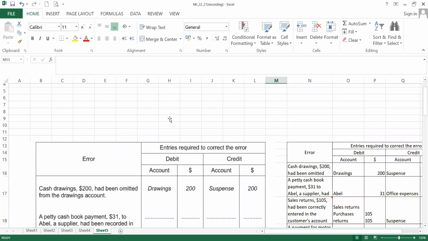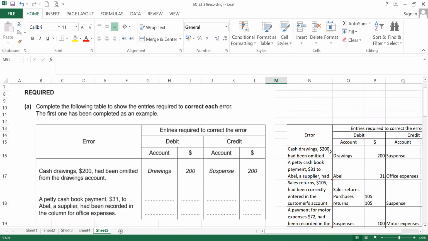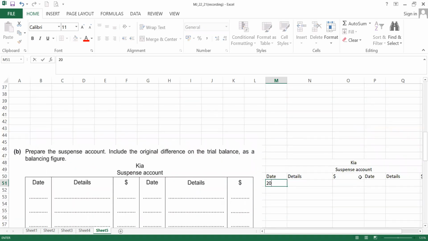And what is the financial year? The financial year is 30th April 2021, so we put in 2021 April 30th. Same thing on the credit side. We don't know how much, we don't know debit or credit, we just leave the first row.